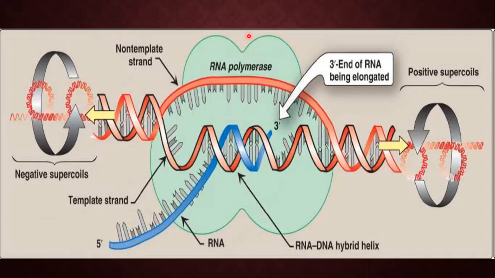So this is what I'm saying here. You can see the RNA polymerase, you can see the RNA being made here, and you can see the RNA-DNA hybrid helix. And remember, elongation will proceed in the 5' to 3' direction, but the RNA polymerase will move towards the 3' end of the non-template strand, and towards the 5' end of the template strand.